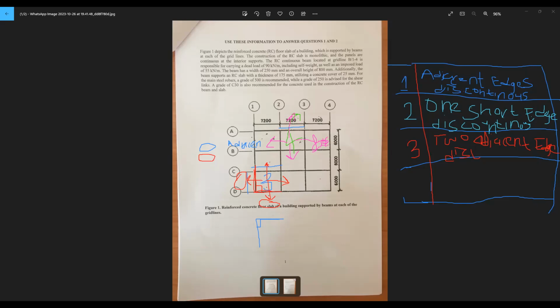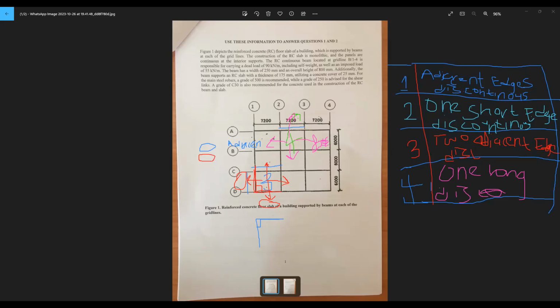So we classify our panel 4 as one long edge discontinuous. Okay, so let's move on to the next one.